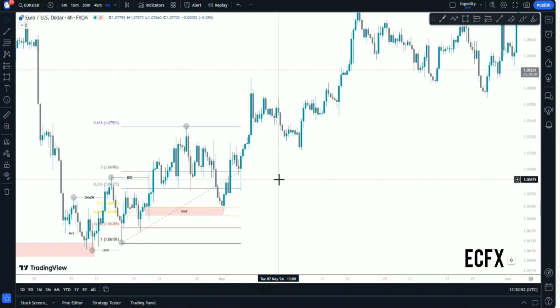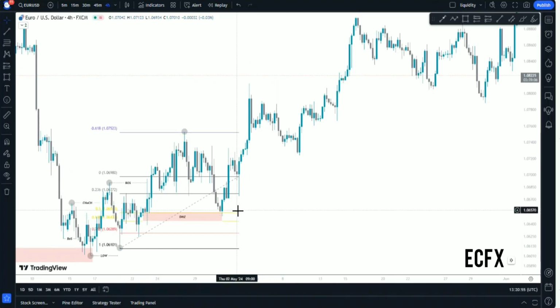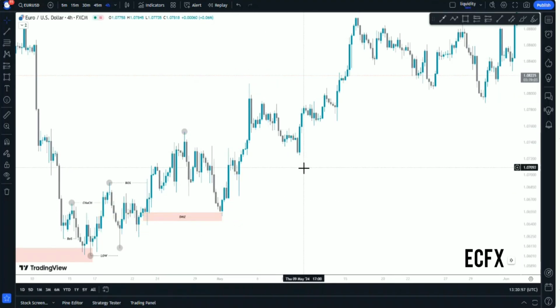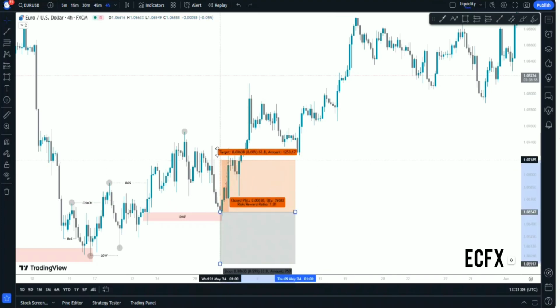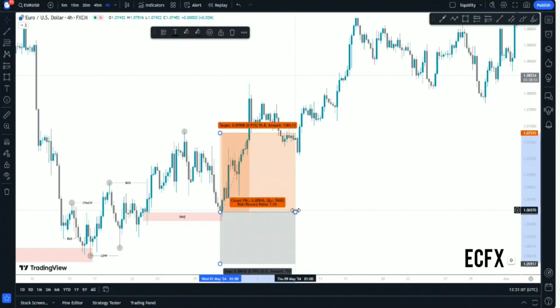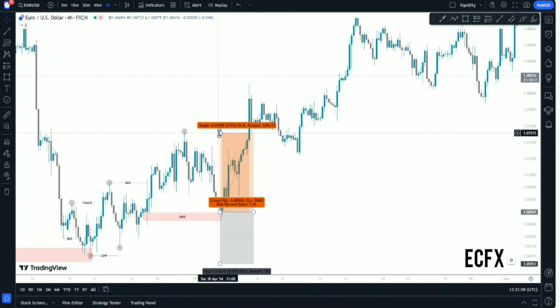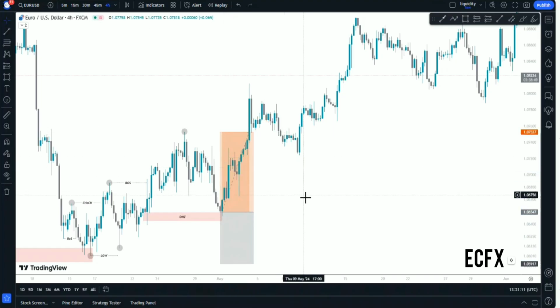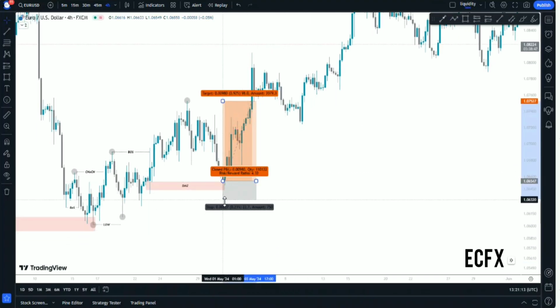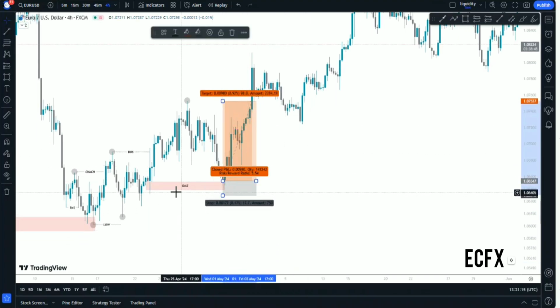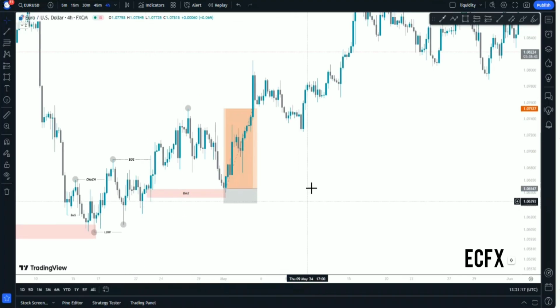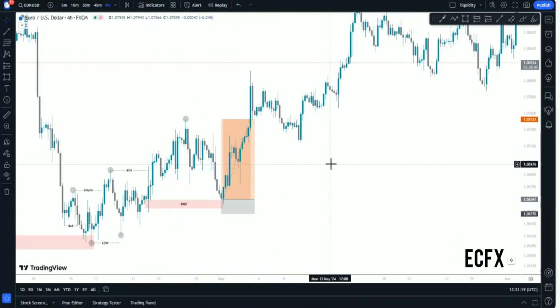So from here we would have looked for a position or a contract into the direction that price is moving towards, right? Which would have been a bullish run to the upside, targeting our previous highs, with our stop loss either below this low or below this one over here, and we would have gotten a clean run to the upside, right?